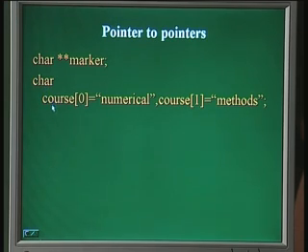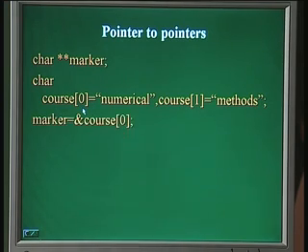The first element of the array is course 0, and that is given as numerical. Then I have the second element, which is course 1, and that points to methods. So now you see here you have an array of pointers, and we have a thing called marker, which is going to point onto this. Now let's see what happens.